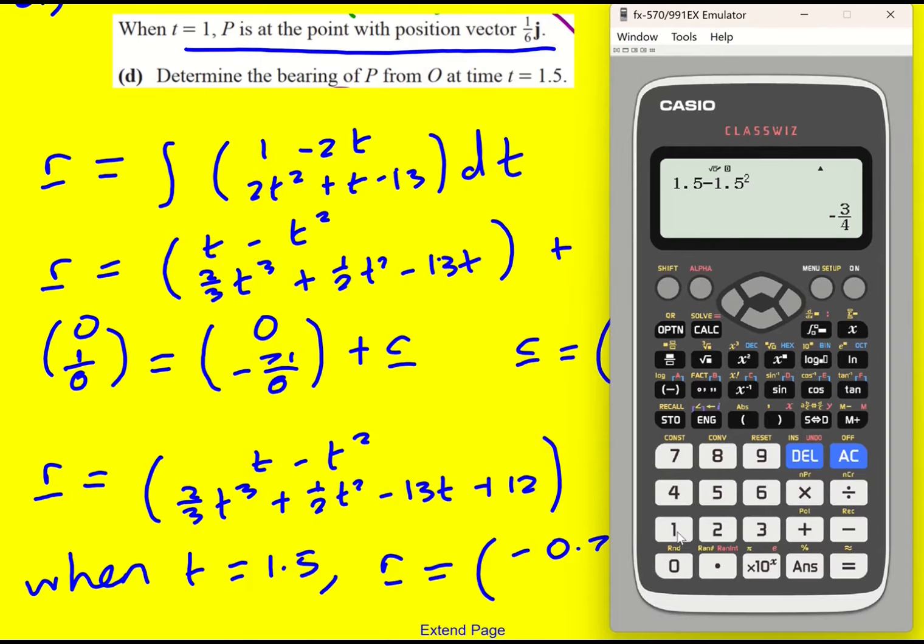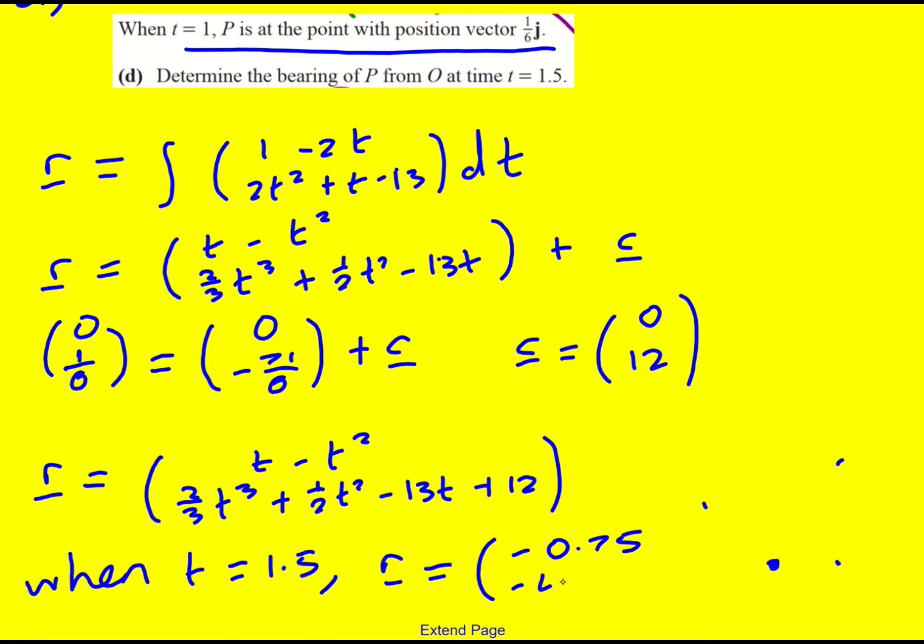And then, okay, for this one, I'm just going to use the answer button to help make it a bit quicker. So 1.5 equals, and then 2/3 answer cubed plus a half. I'll just write 0.5 answer squared. Okay, do be careful because it's very easy to make a mistake here. So minus 4.125.